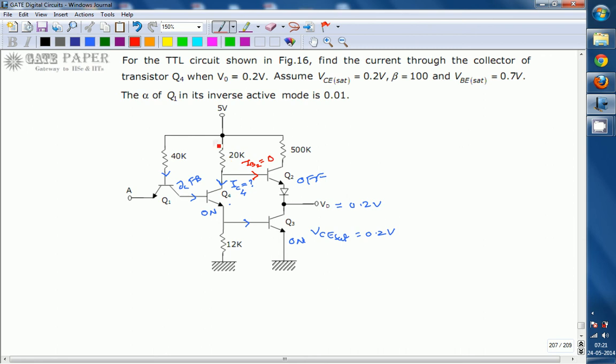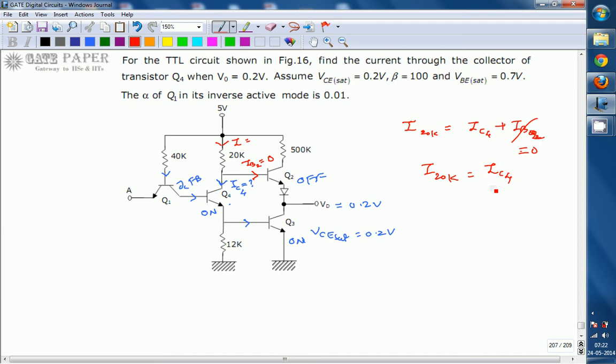The total current flowing through this 20 kilo ohms is equal to IC4, the collector current of Q4, plus the base current of Q2. But the base current of Q2 is 0 since Q2 is off. So the current flowing through 20 kilo ohms is the collector current flowing through Q4 transistor.